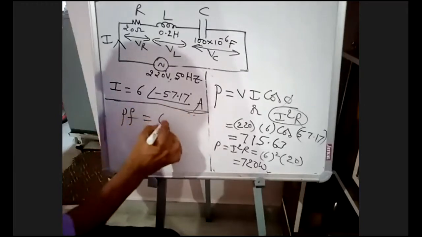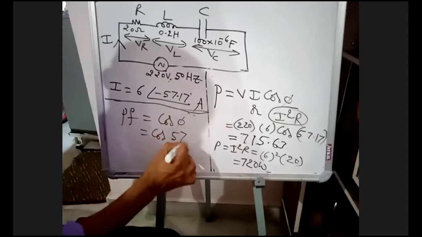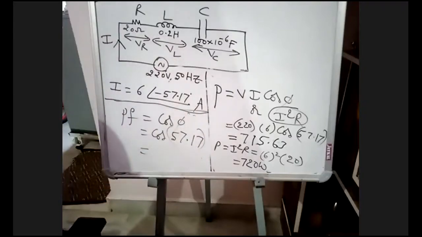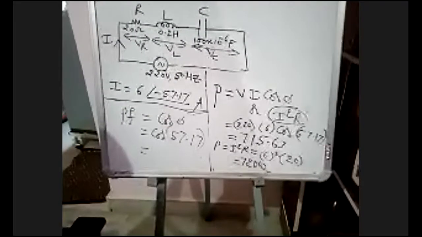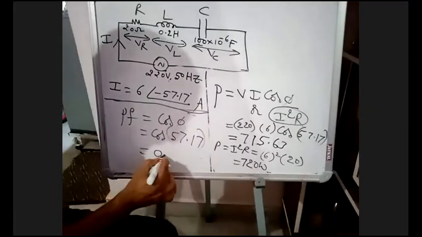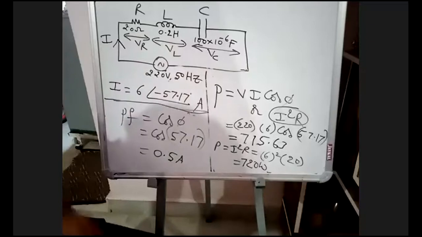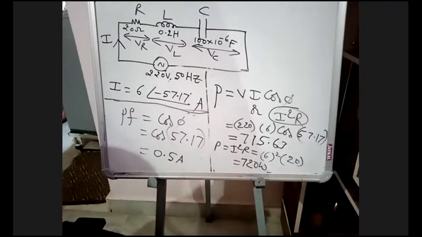Power factor, cos 57.17, is 0.54. In the problem, is he asking only active power or something else? What is he asking in the fourth bit?